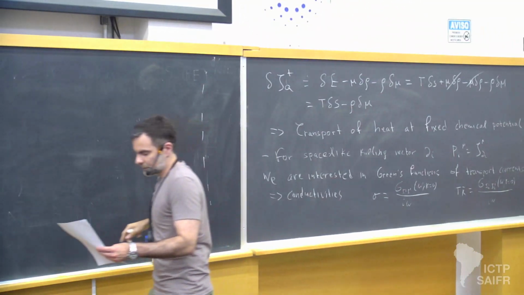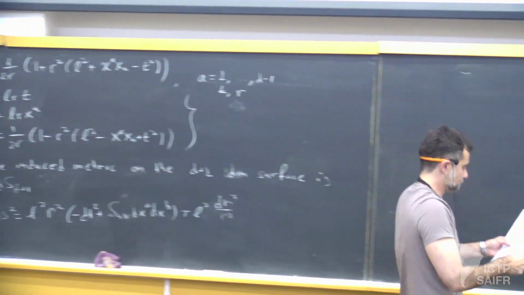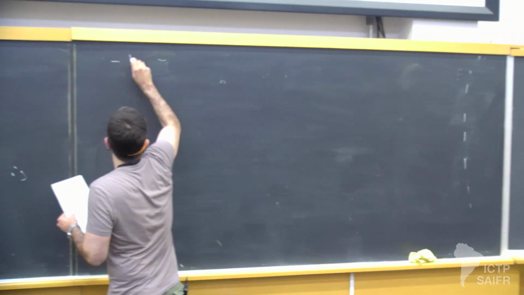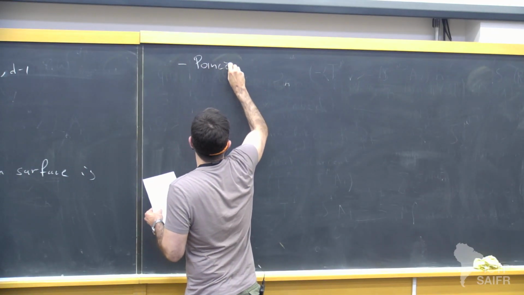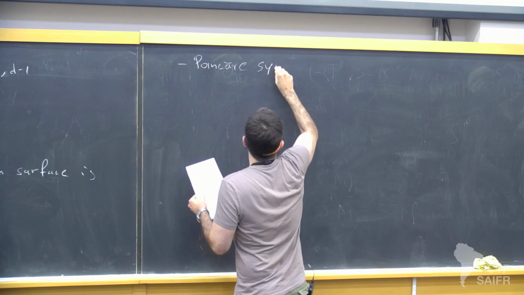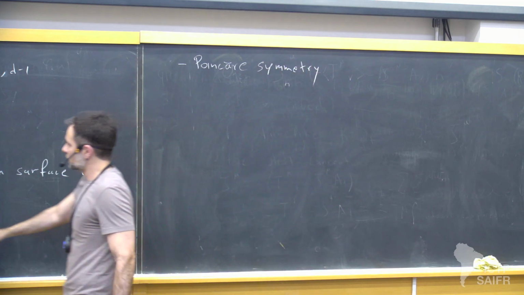Okay, so what I want to focus on more is that the Poincaré subgroup of the conformal group is fairly obvious in this metric.